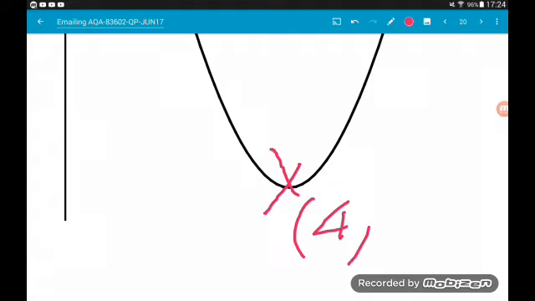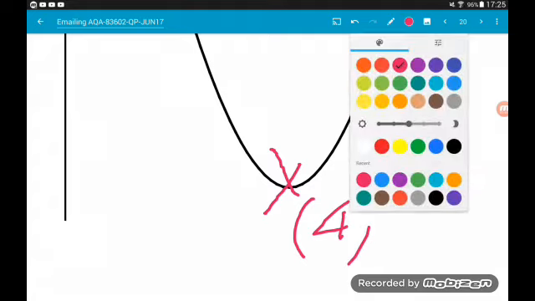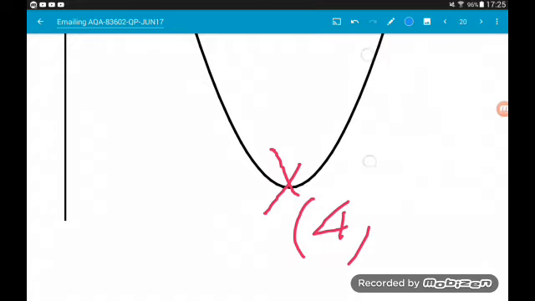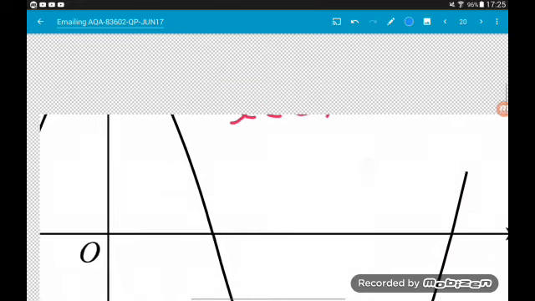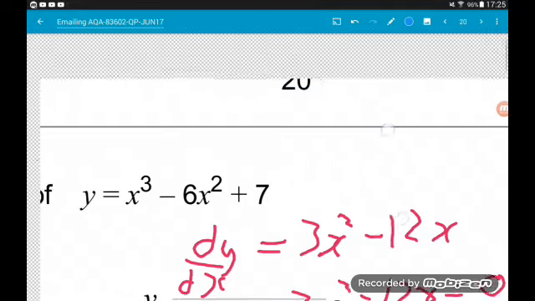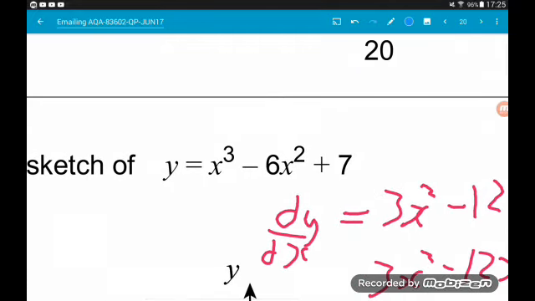So to find the y-coordinate, we now substitute that into the function. So we're going to get y equals 4 cubed minus 6 times 4 squared, which is 16.